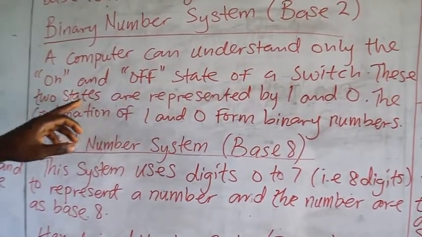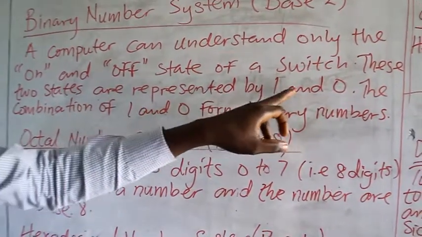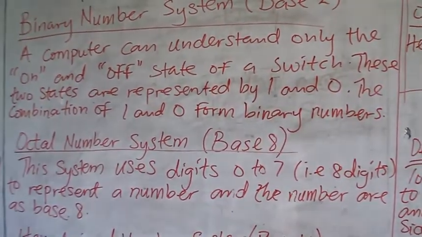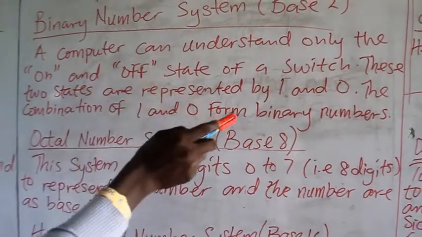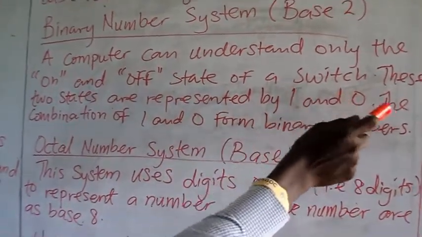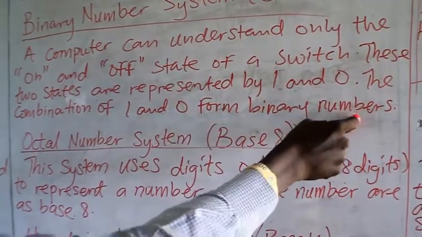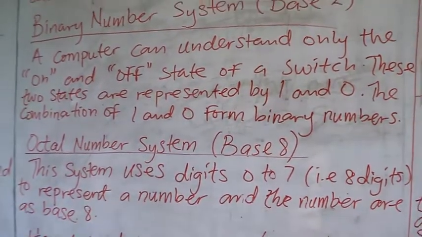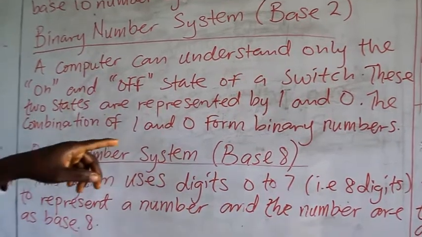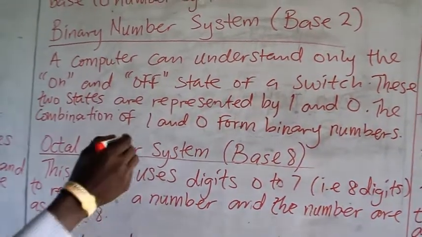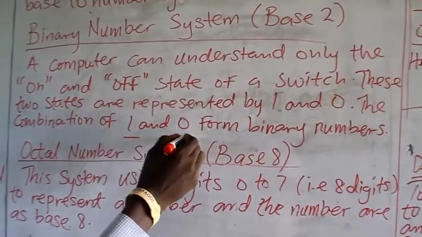These two states, on and off, are represented by 1 and 0. The combination of 1 and 0 is what forms the binary number system. So in the binary number system, we only have two digits, and those two digits are 1 and 0.